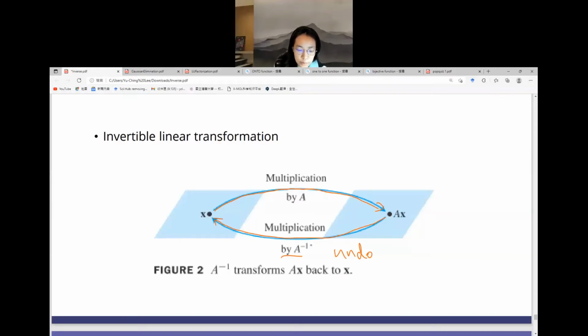If we multiply by A to the left, 在左手边乘上你的A矩阵. But if you further multiply A inverse again to the left, 在左手边乘上 A inverse, that means you undo reflection, undo projection, and undo what has been performed on that original figures. Okay.